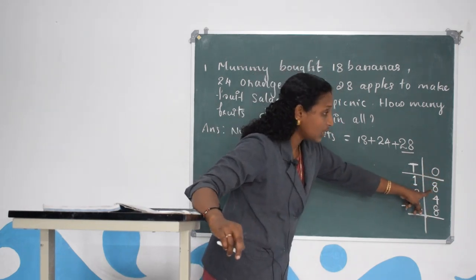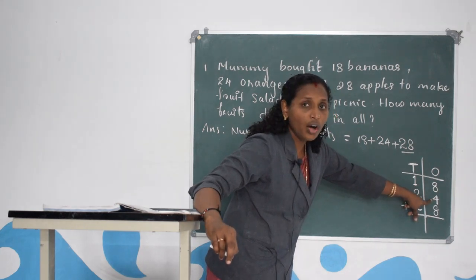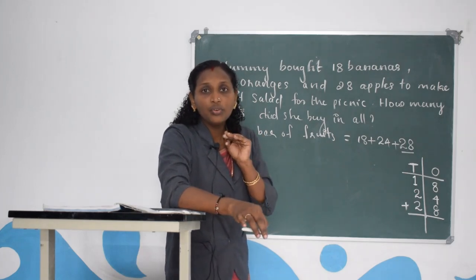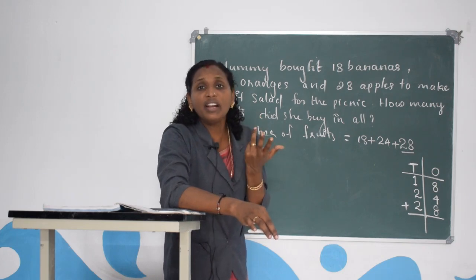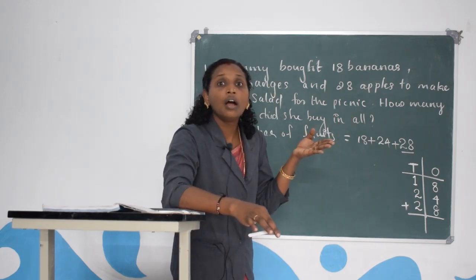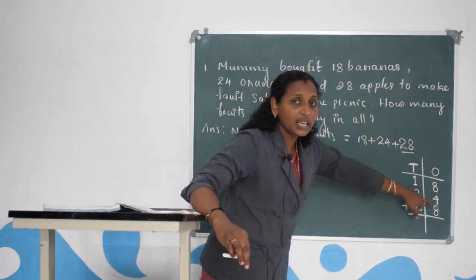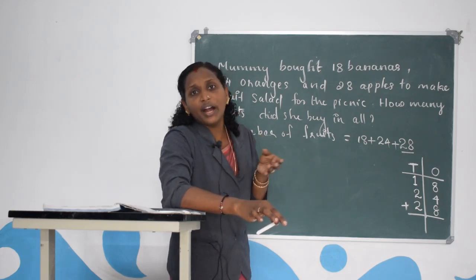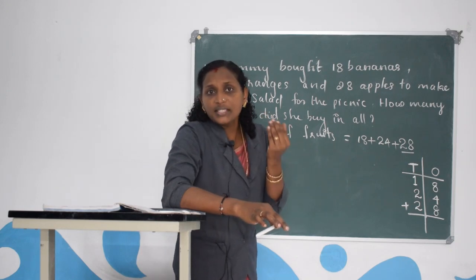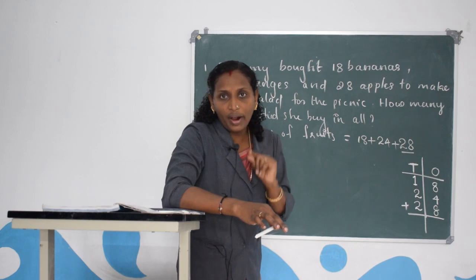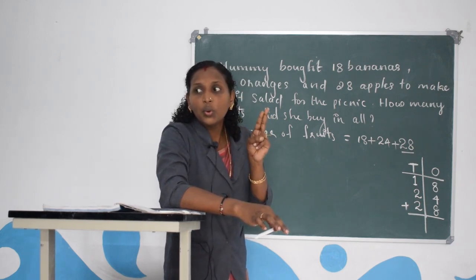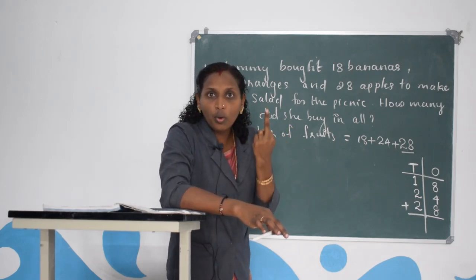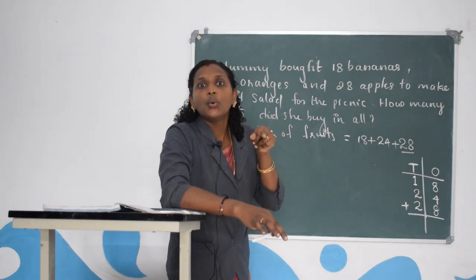Add the ones: 8 plus 4 plus 8. 8 plus 4 is 12. 12 plus 8 is 20. 20 ones can be regrouped into 0 ones and 2 tens.